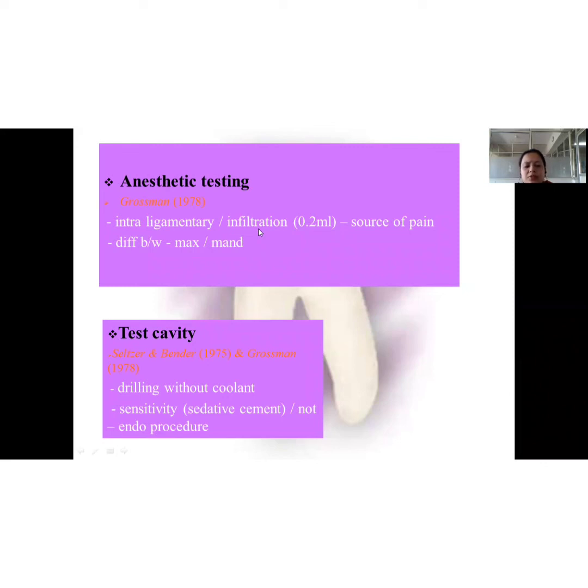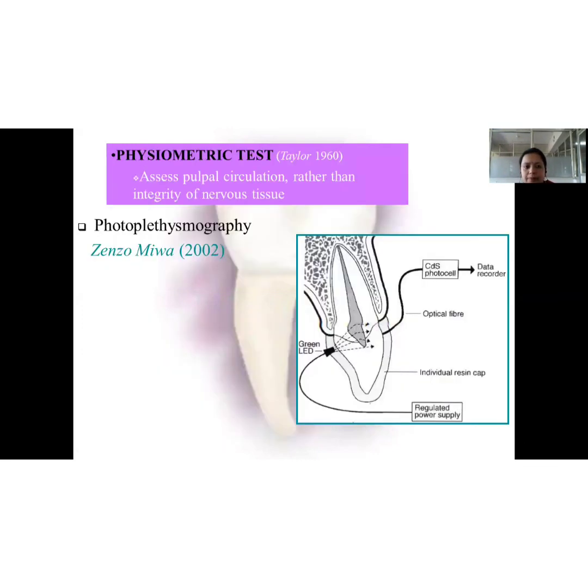So there is a difference between maxillary and mandibular anesthetic testing. Now, test cavity preparation. If you drill a tooth without coolant and there is sensitivity, the tooth is vital. If there is no sensitivity, we will continue towards a surgical endodontic procedure. So this is called a test cavity.